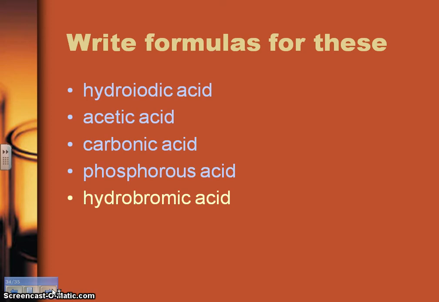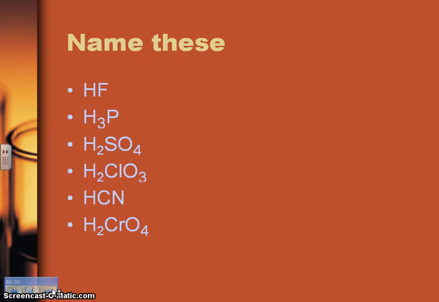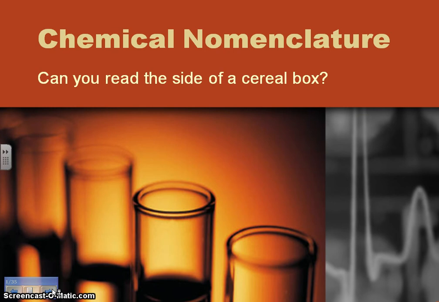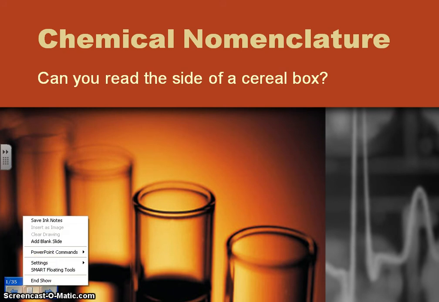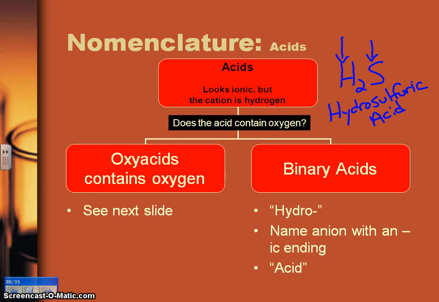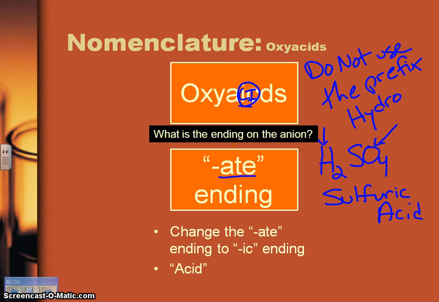Okay, so what do you need to do to show that you've done this assignment? First off, I would like you to have the rules for naming a binary acid and the rules for naming an oxyacid in your notes.